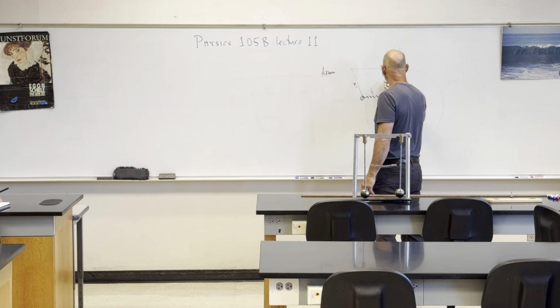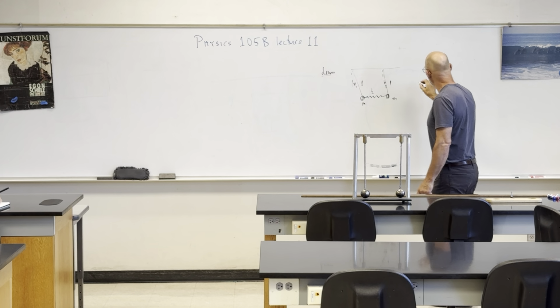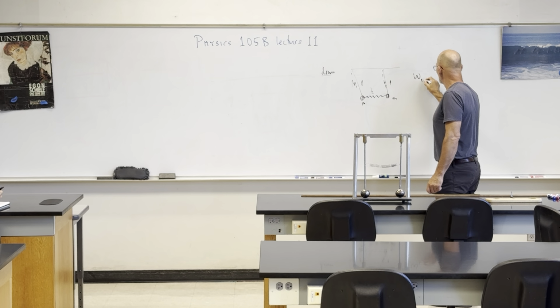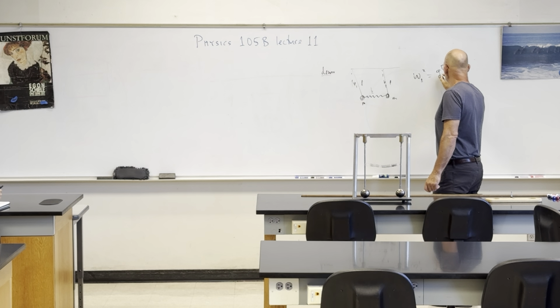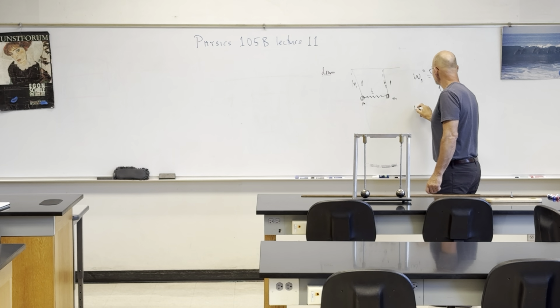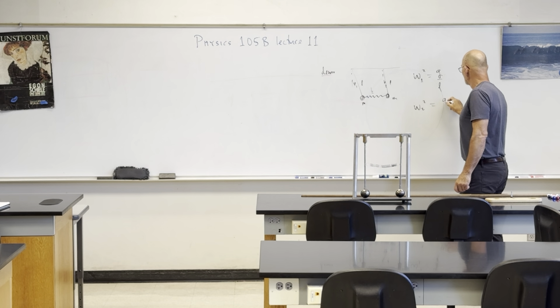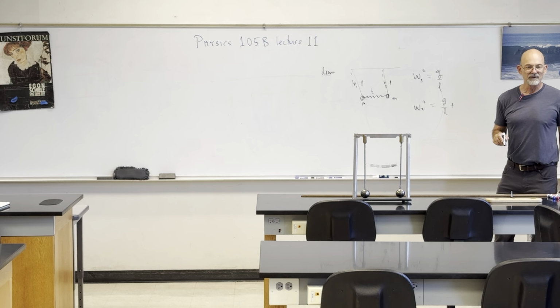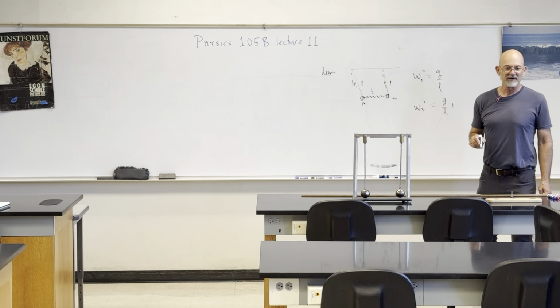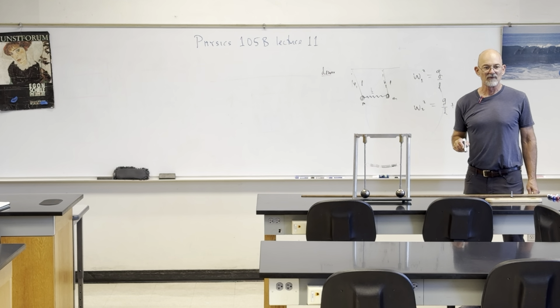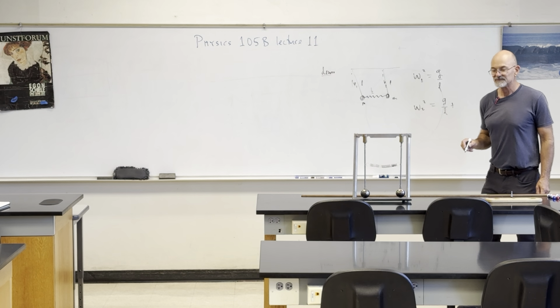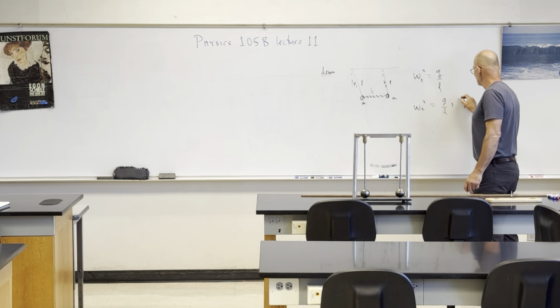Phi1, Phi2, L, M. And what we had was, I'm just going to say omega 1 squared was G over L, omega 2 squared, G over L plus, what was it, 2K over M plus G over L, I think. 2K over M.